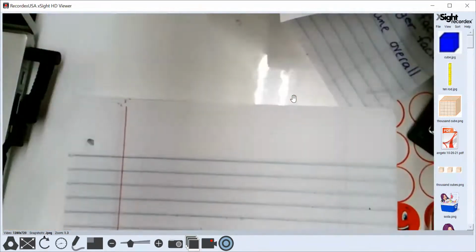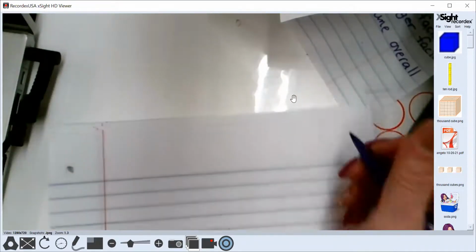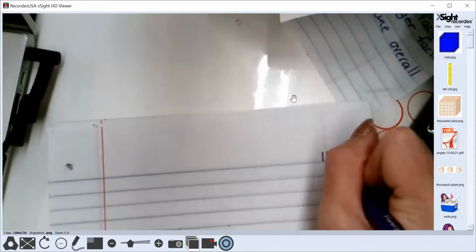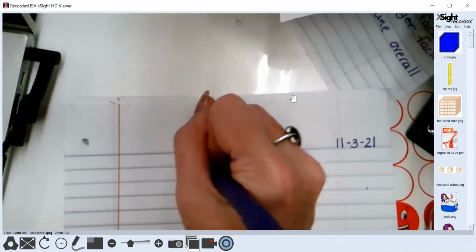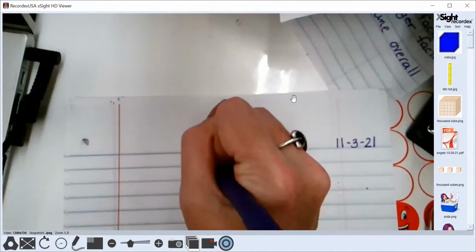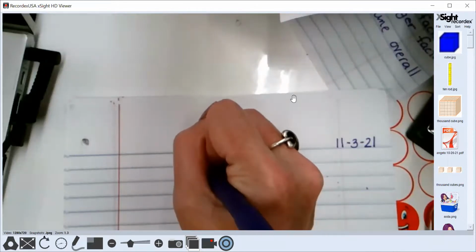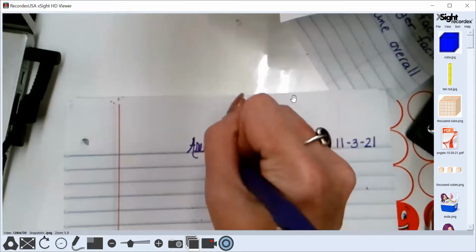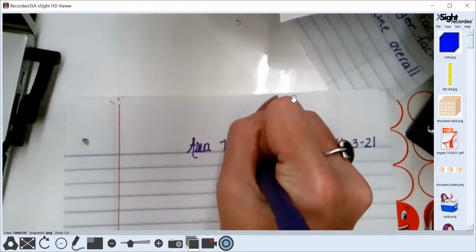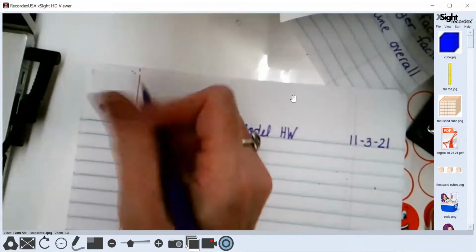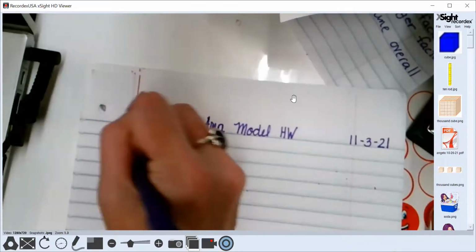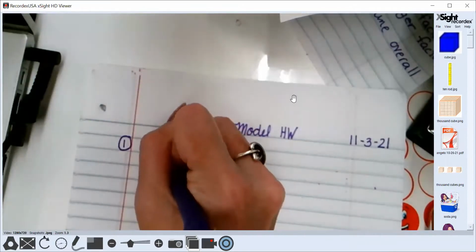All right, so I am going to put up the homework on here just in case someone forgot it. So our homework problems for tonight are area model homework. The first one is 39 times 8.